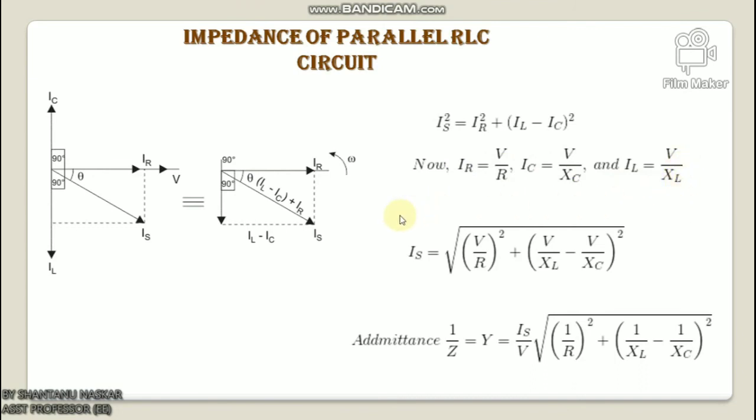Substituting the values of IR, IC, IL in the above equation, we get Is equals root over (V by R) whole squared plus (V by XL minus V by XC) whole squared, and on simplifying we get admittance 1 by Z, denoted by Y, equals Is by V, which is root over (1 by R) whole squared plus (1 by XL minus 1 by XC) whole squared.